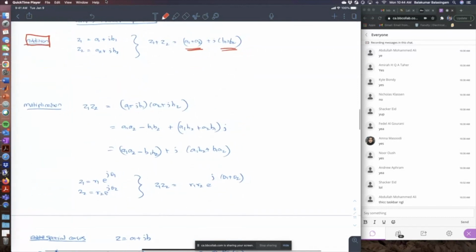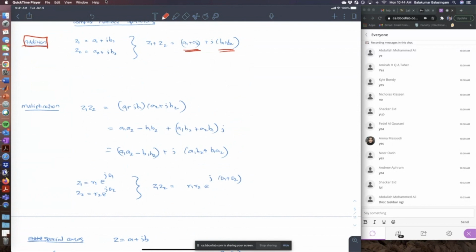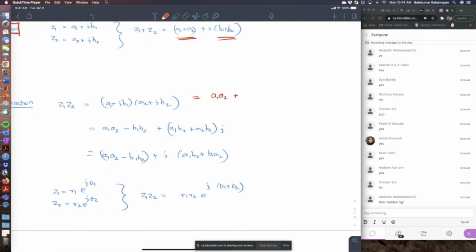Multiplication: A1 plus JB1 times A2 plus JB2, you just multiply like usual. So it will be A1 A2 plus J A1 B2 plus J A2 B1 plus J squared B1 B2.